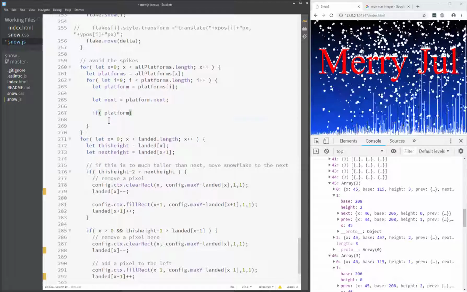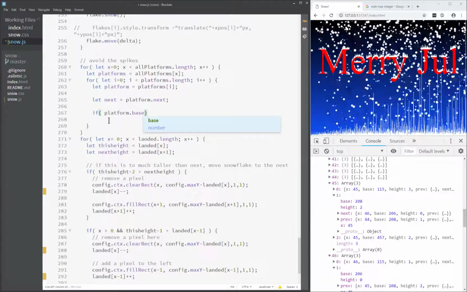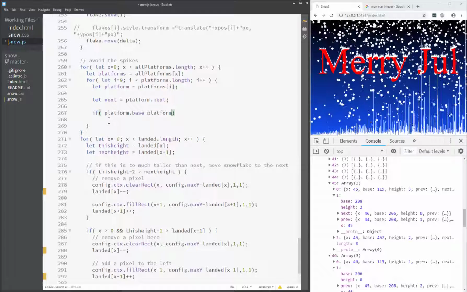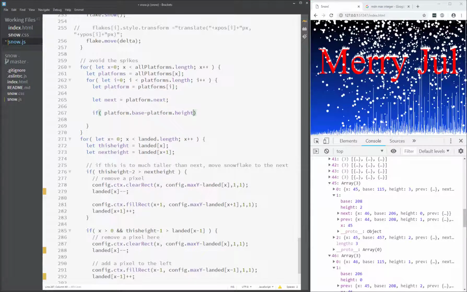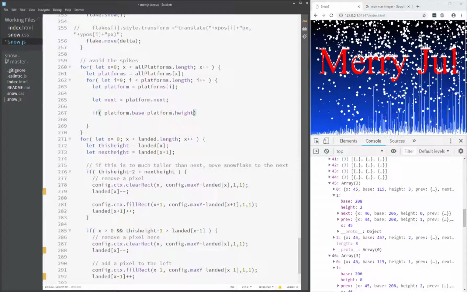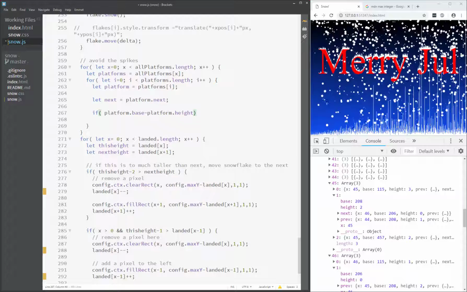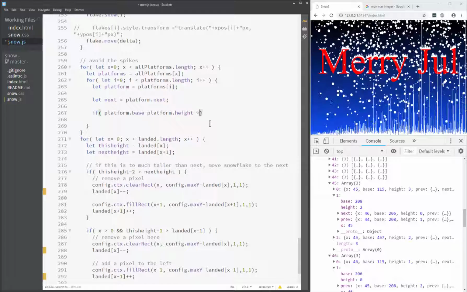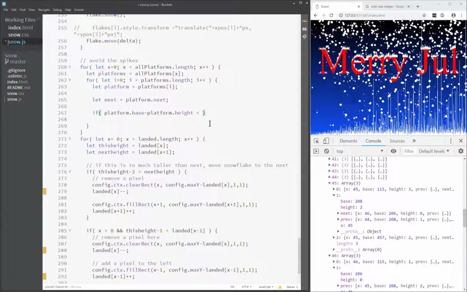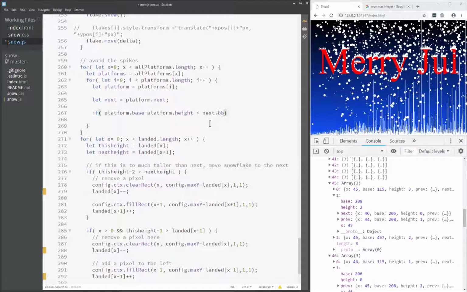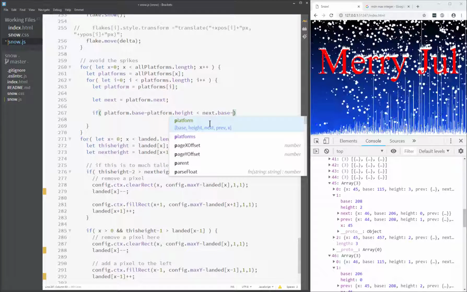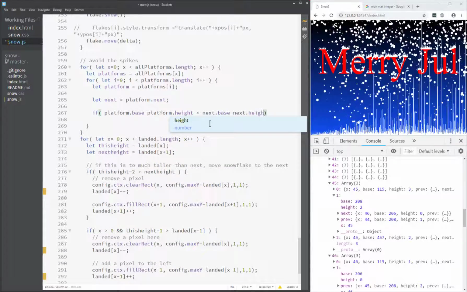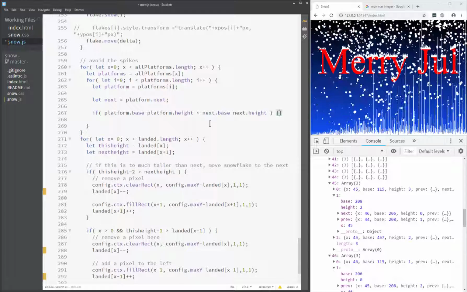So if my platform's base minus my platform's height, because a higher amount of snow goes closer to 0, so it gets minus, if that is smaller than my next dot base minus my next dot height, then I would need to move a snowflake.